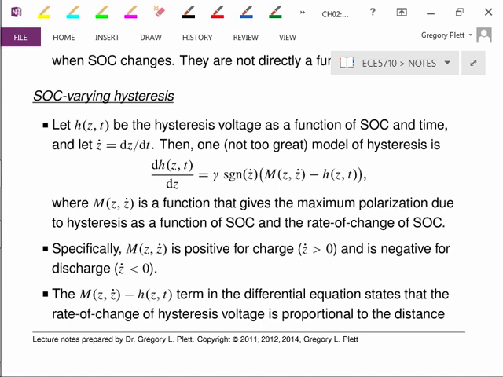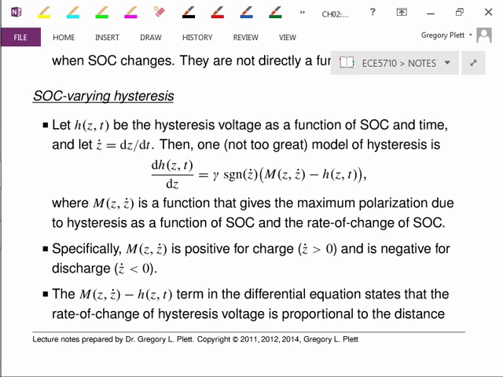And if we know why it exists and have a good physics-based model, then there's a really good chance that we could create a phenomenological circuit type of model as well that could explain the hysteresis. So what I will present here, I just wanted you to know this is an okay model of hysteresis.